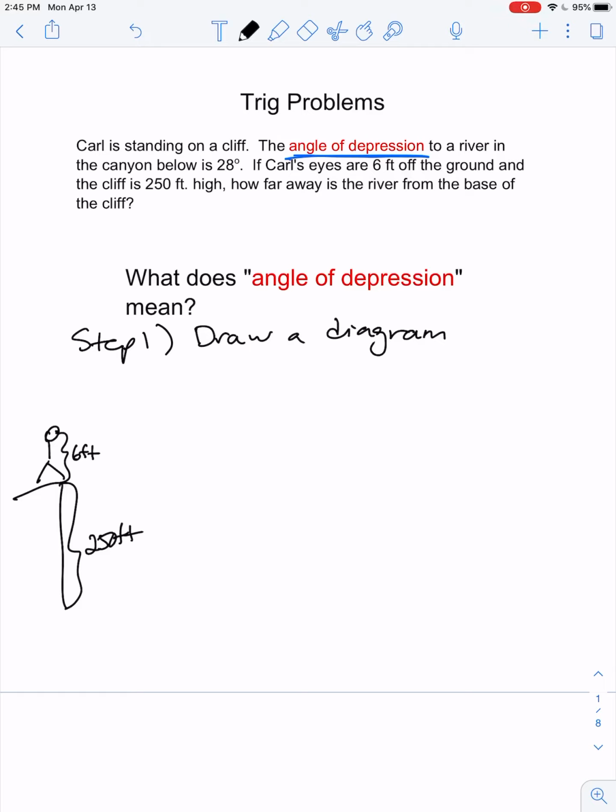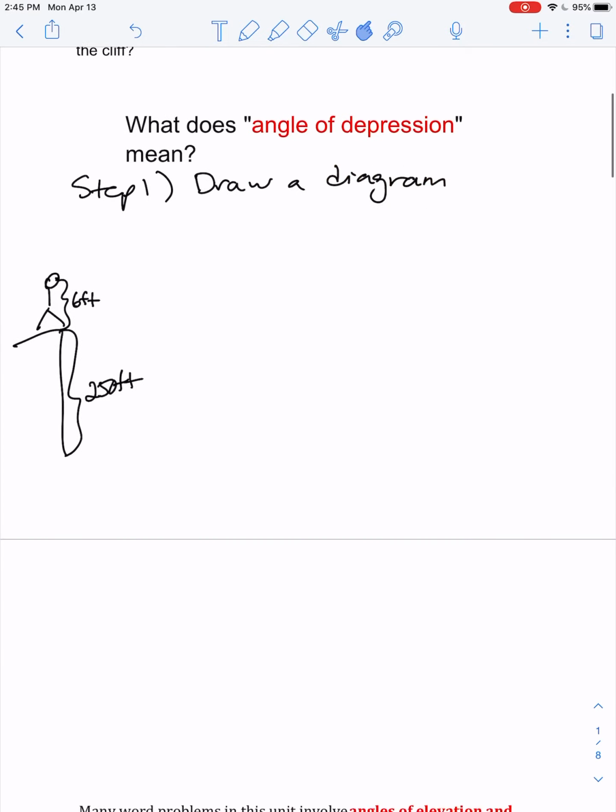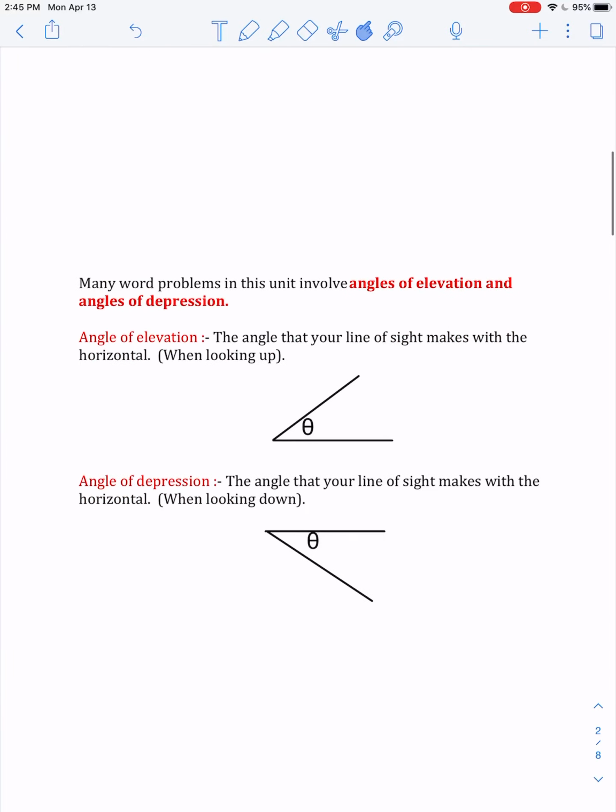Well, then the question is, what is an angle of depression? Well, I'm just going to slide down here a little bit. We've got many word problems in this unit that involve angles of elevation and angles of depression, so it's important that we understand what these terms mean. This first diagram here is an angle of elevation. If your eye is here, there's your eyeball, and that is your line of sight.